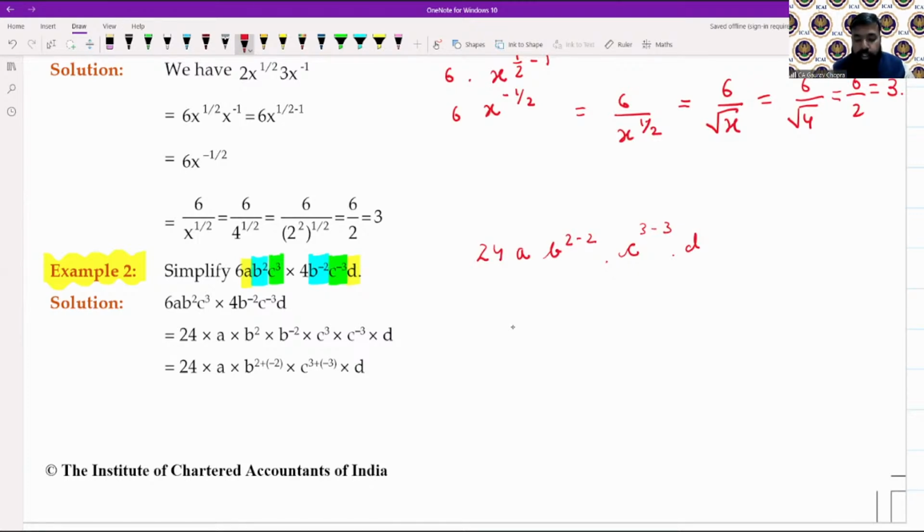So what is left here now? 24 multiplied by A. B to the power of 0 will be 1. Then C to the power of 0 will also be 1. And we are left with D now. So it becomes 24 AD. All right, everybody.